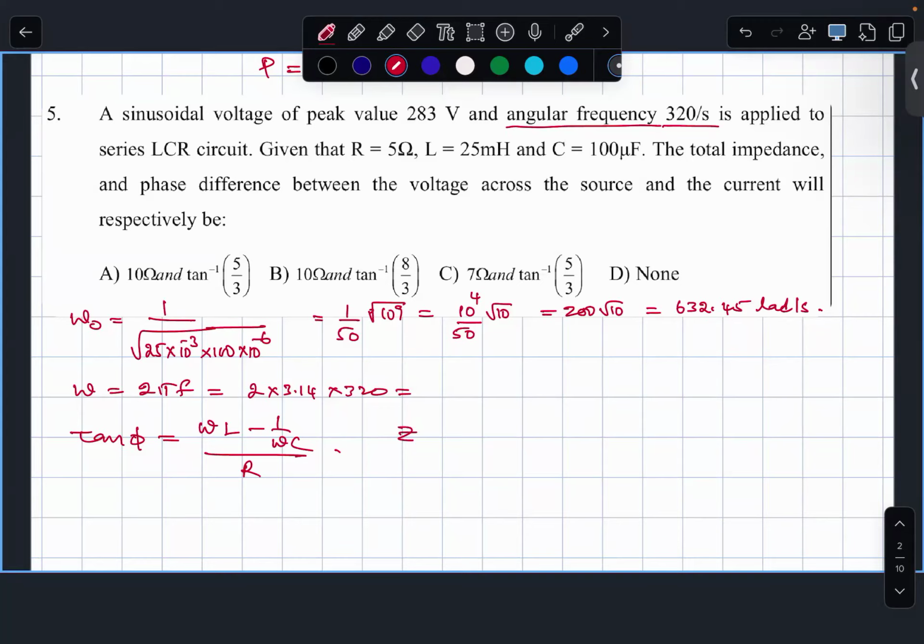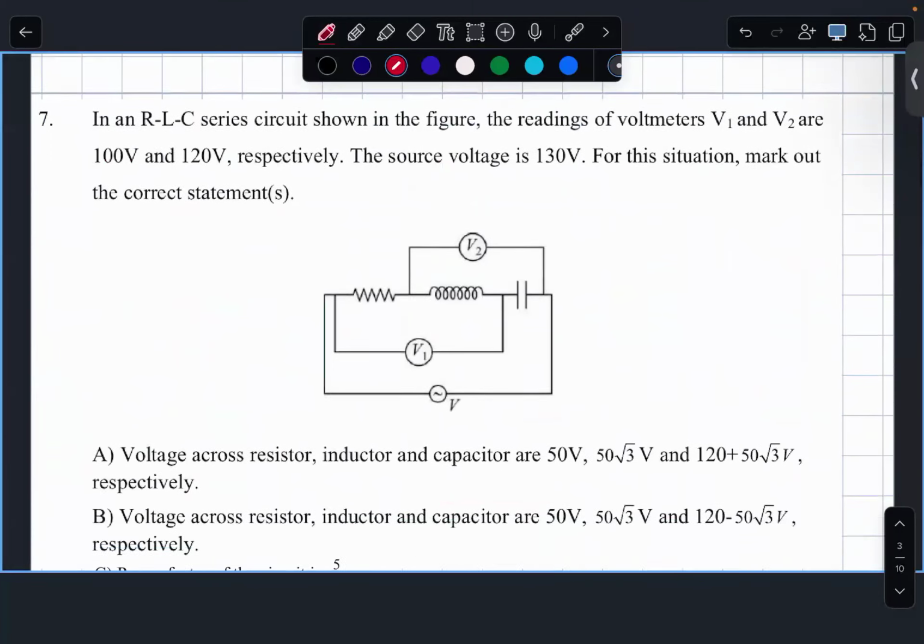Total impedance Z is equal to root of R square plus omega L minus 1 by omega C whole square. Why I did this part is to confirm whether the circuit is inductive or capacitive. Circuit is inductive. Any doubts? Next.